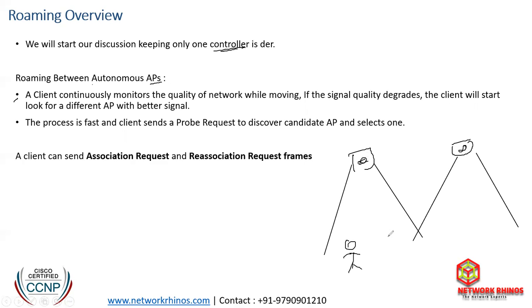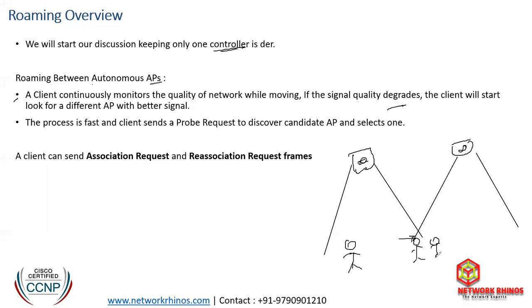So as he goes away from the service set or BSS area of AP1, the signals start getting degraded. So immediately your client, I mean your laptop, will start looking for some other AP with the same settings, nothing but the same BSS ID, same Wi-Fi name, and the process is very fast when he moves from this location to this location.